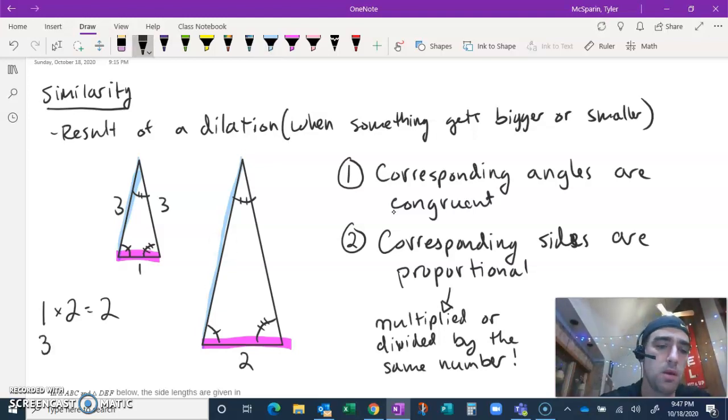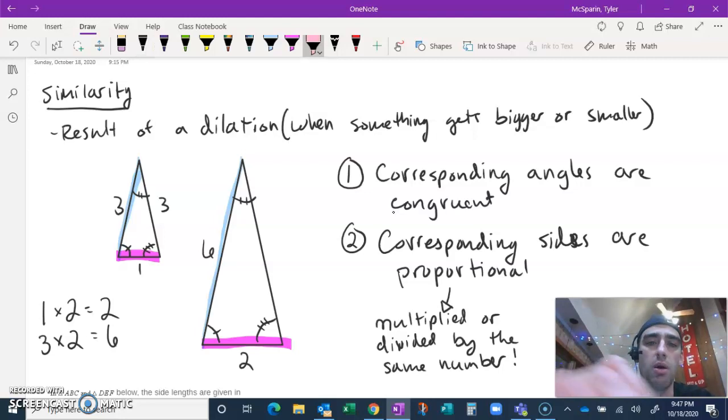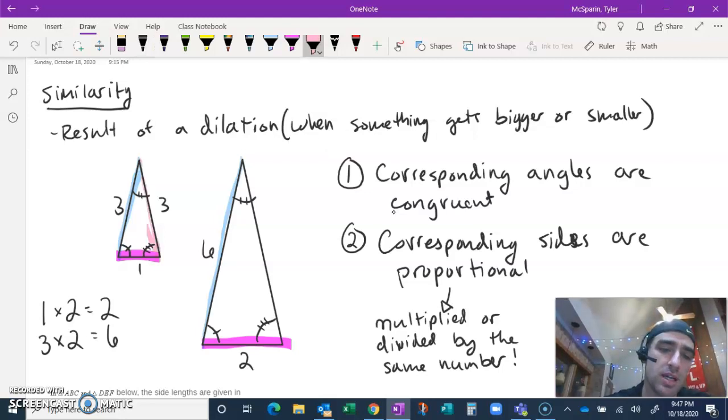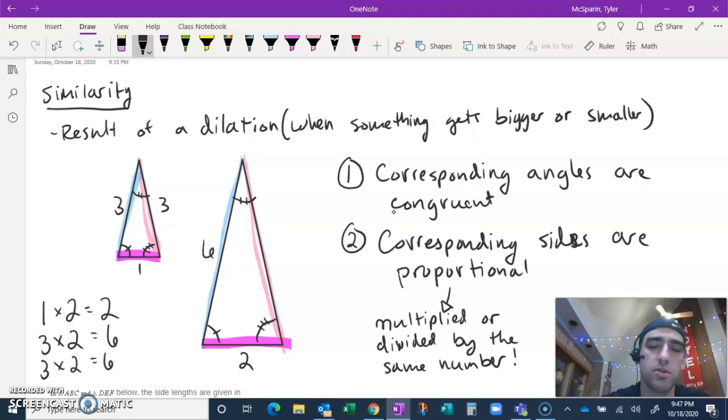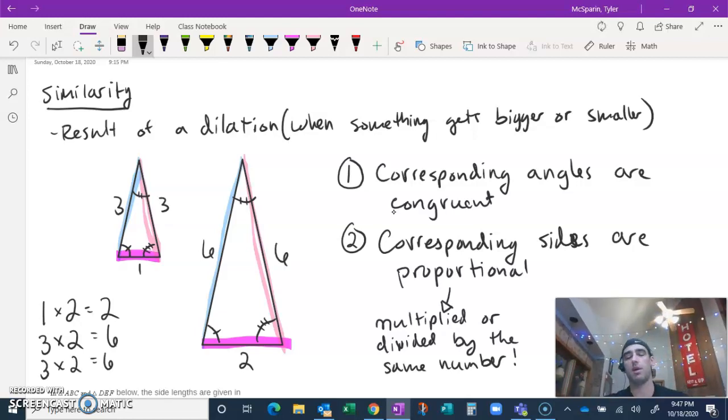So I have to do 3 times 2, which now equals 6. I know this is going to feel redundant, but let's talk about this light pink line over here. It's also 3 to start with. I also have to multiply by 2, which means it's also going to be 6. So, corresponding sides are proportional, which means they are multiplied or divided by the same number.